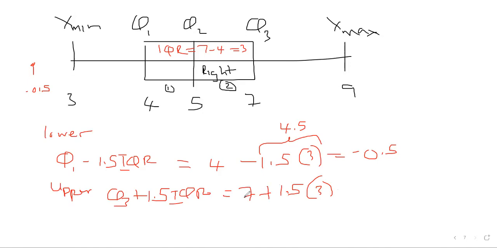So 7 plus 4.5, we get 11.5. Somewhere here. So between negative 0.5 and 11.5, if there are any values outside that, they're called outliers. So here, the 3 is within and the 9 maximum value is within. So here we have no outliers.